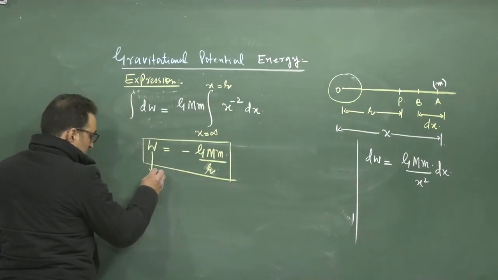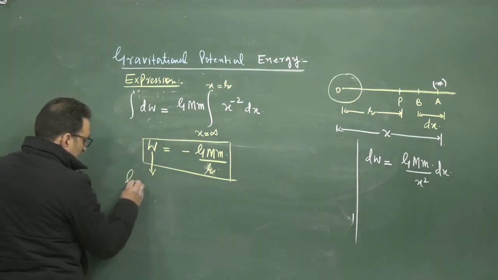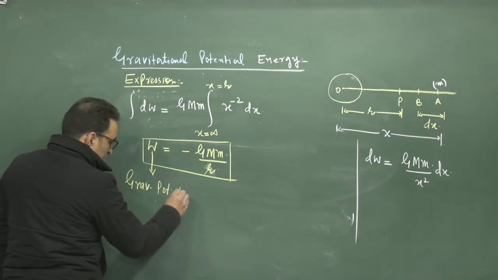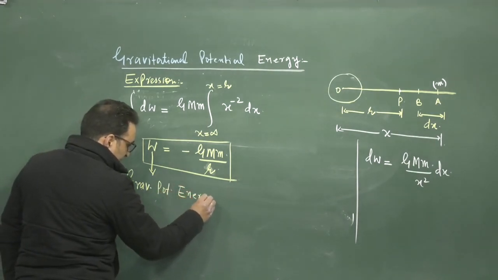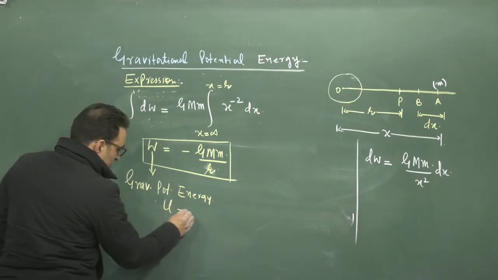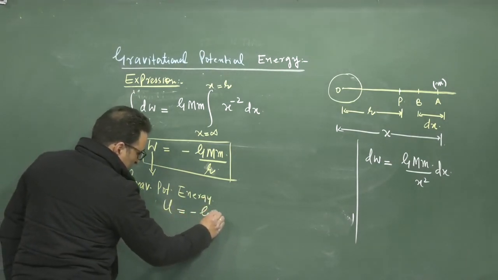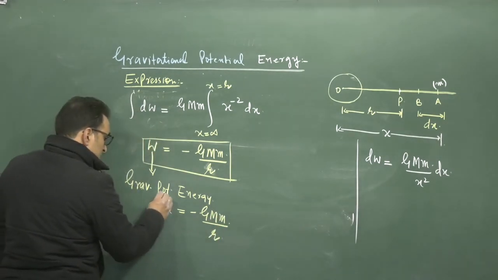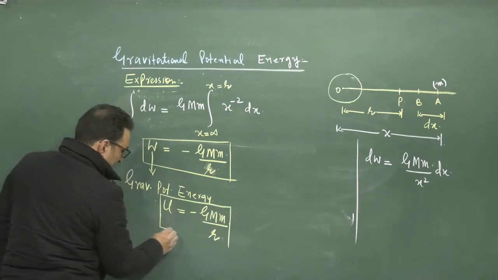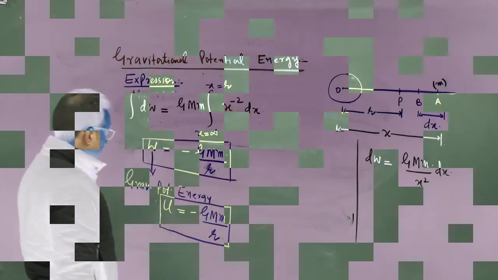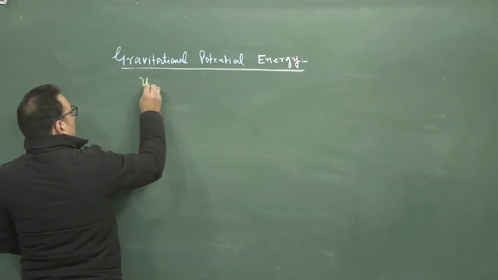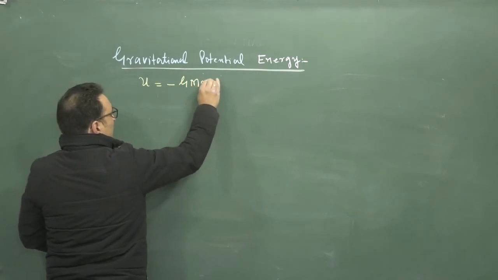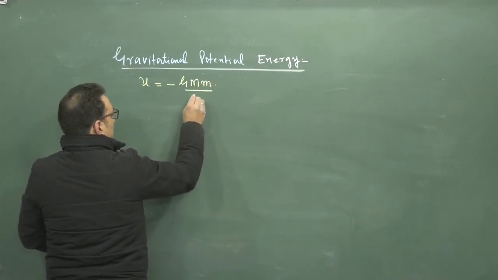This work done is equal to the gravitational potential energy. And we may write this as U equals minus G capital M small m by r, which is the required expression for the gravitational potential energy. Now, gravitational potential energy equals minus GMm by r.